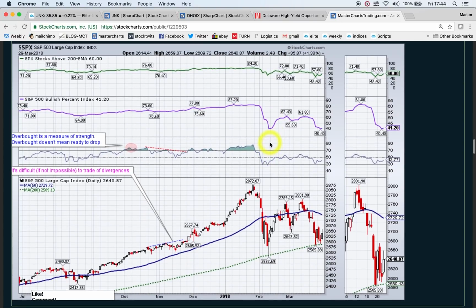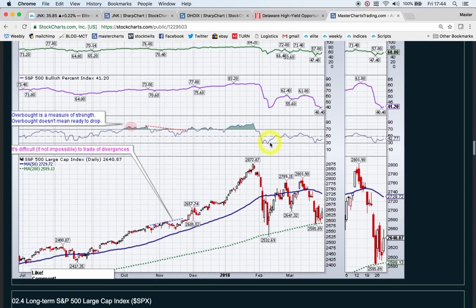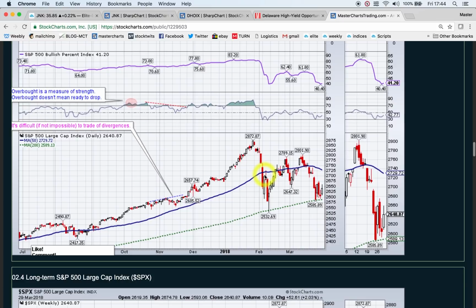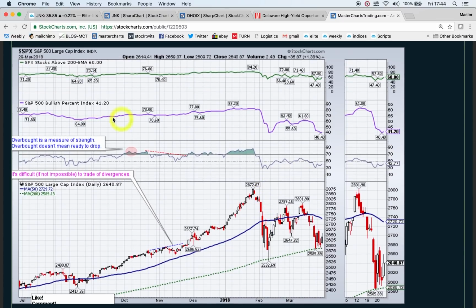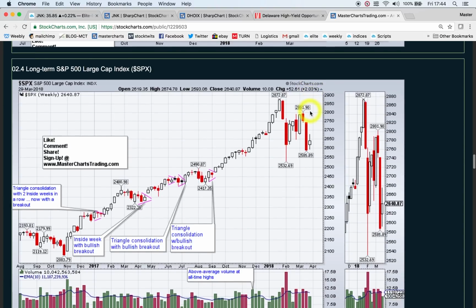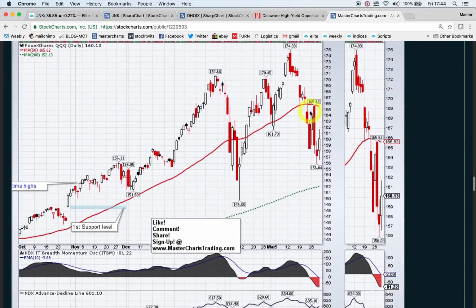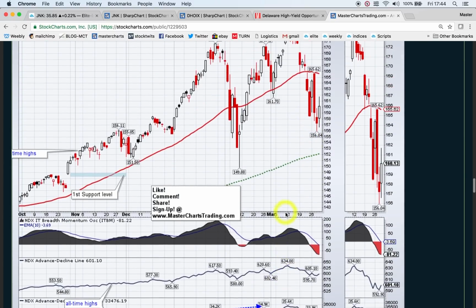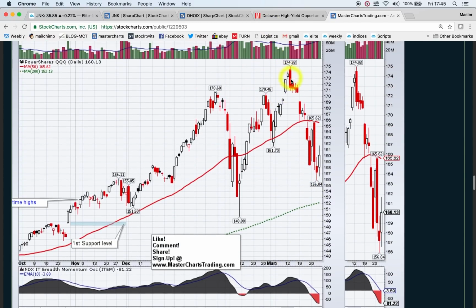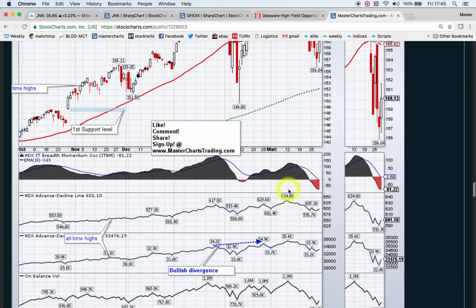So, for example, here's the S&P 500 again on a daily time frame, and what I see here again is basically oversold levels. Here's the bullish percent index at 40%. Here's QQQ. You can see that it just made a fresh high in March, so I don't see any bearish issues. You can see bullish divergence, if anything.